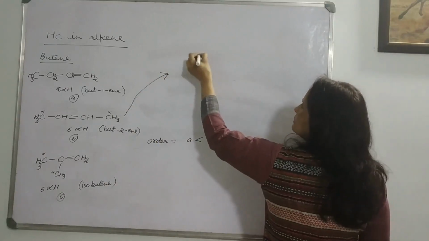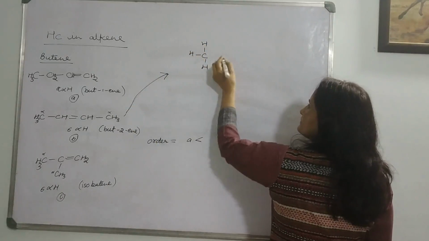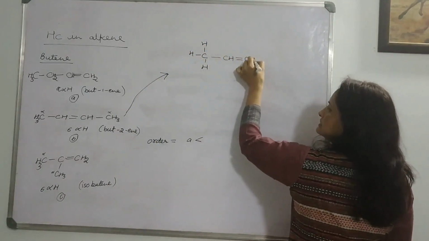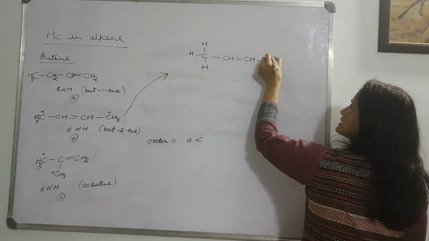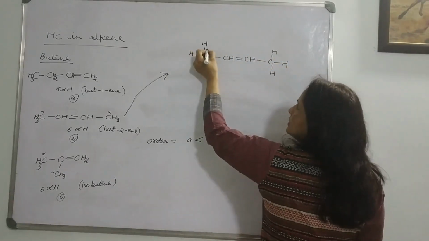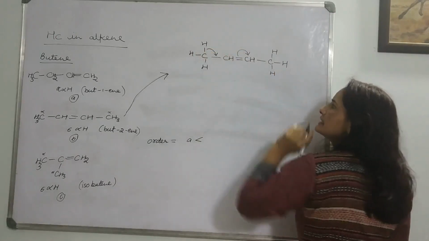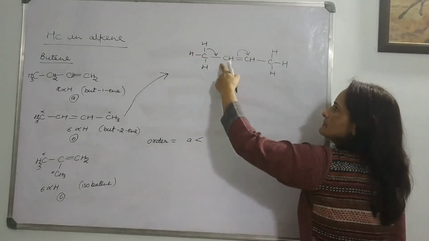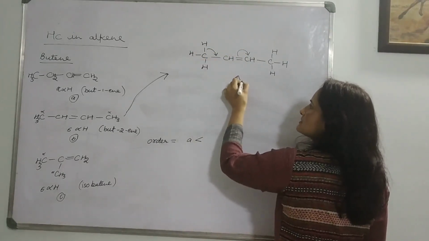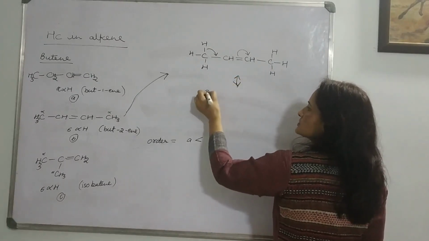Your hyperconjugative structure: this is your CH3, CH double bond CH, and this is again CH3. You can see clearly that when this bond is transferred, it goes here. As a result, a carbanion will be formed here, and your next hyperconjugative structure will have this one.